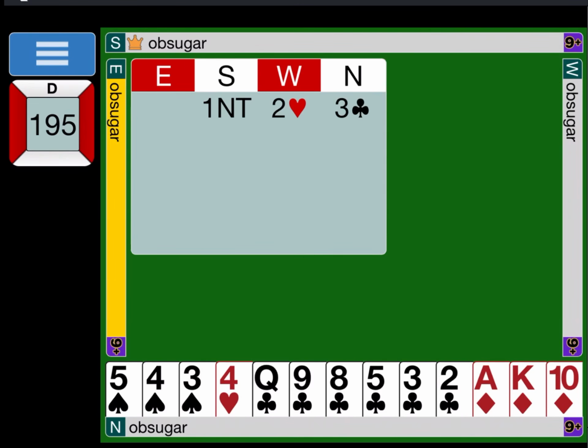All right, we're past time. We'll leave this one where it's at. Next week, we're going to take on hands where responder no longer has a suit. Not only does he not have a suit, he doesn't have a 4-card major.